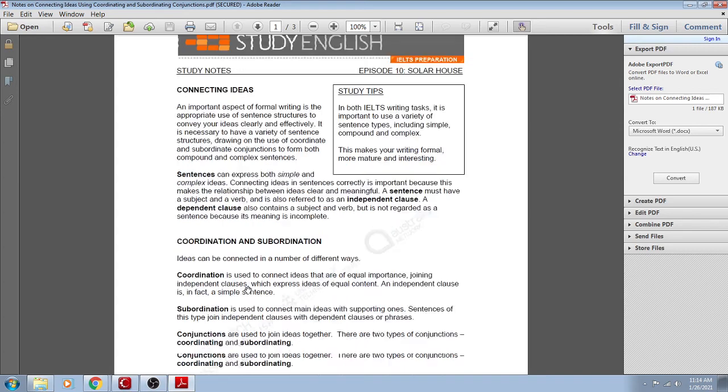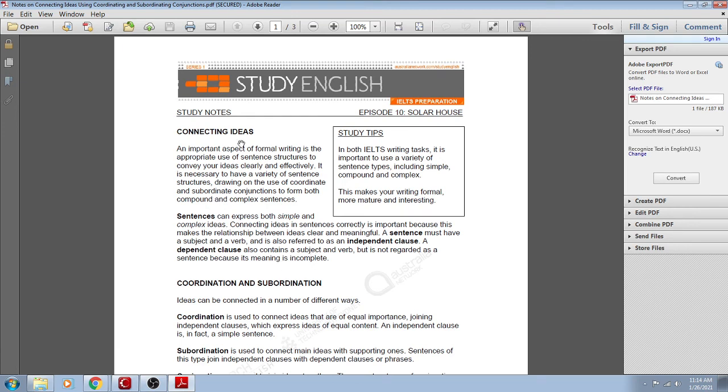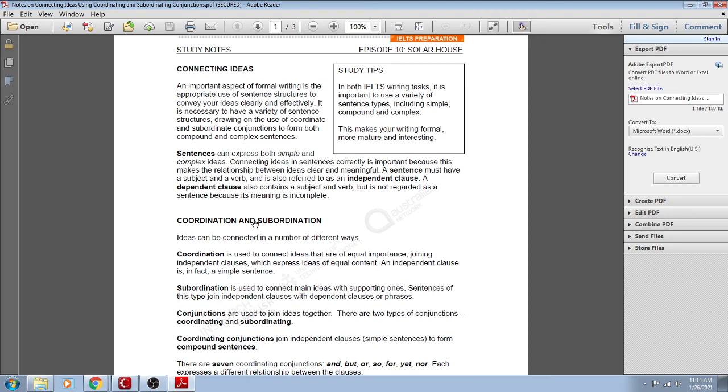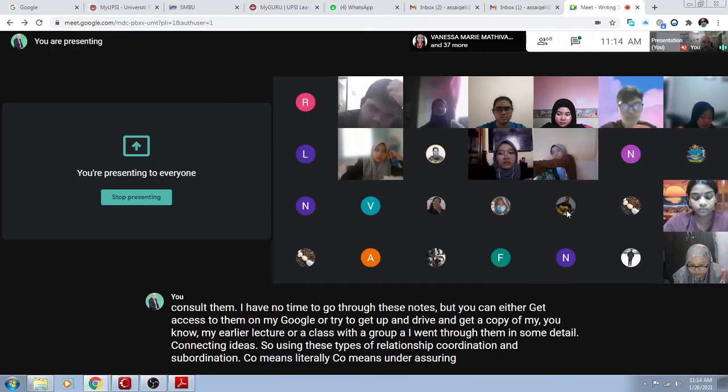I went through them in some detail, connecting ideas, using these types of relationship, coordination and subordination. Co as a prefix means equal.